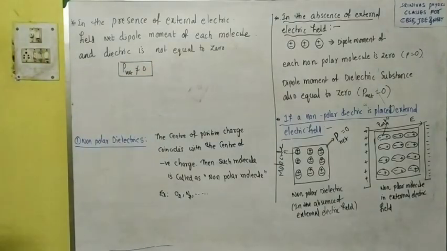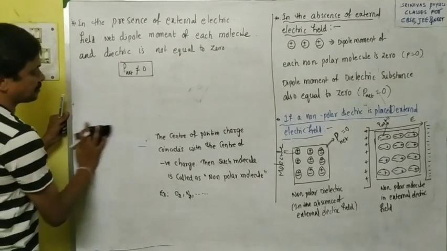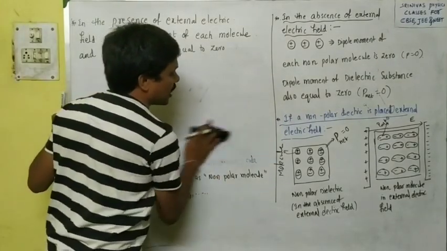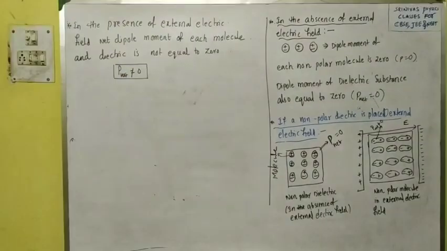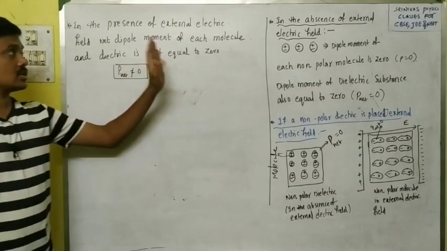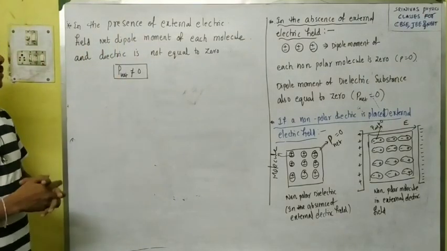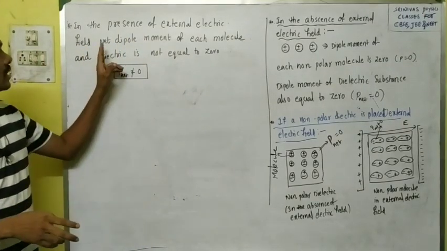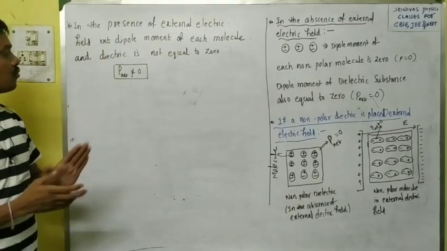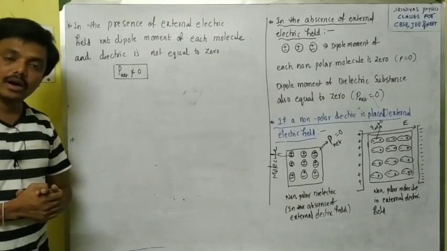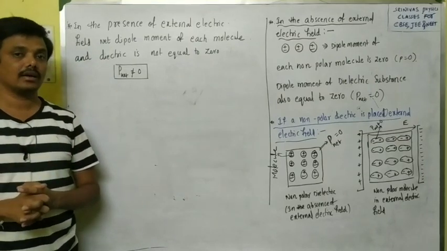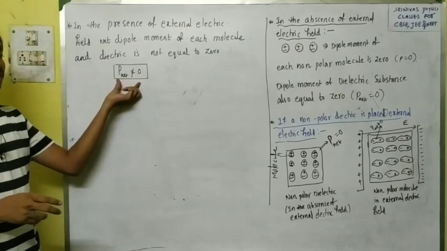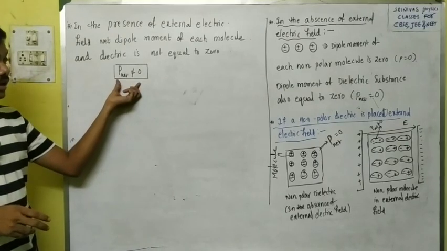Okay. Now let us see. When a non-polar dielectric is placed in the presence of external electric field, the net dipole moment of molecule and the dipole moment of dielectric is not equal to 0. Why?